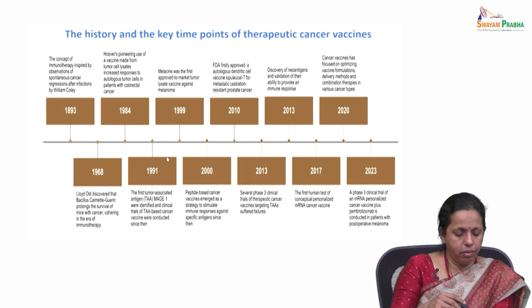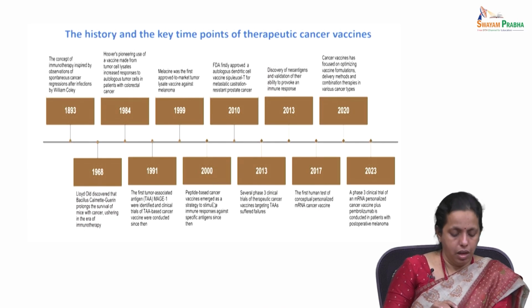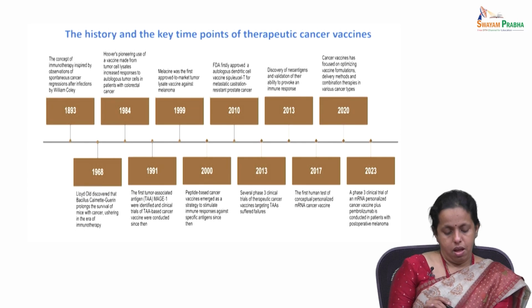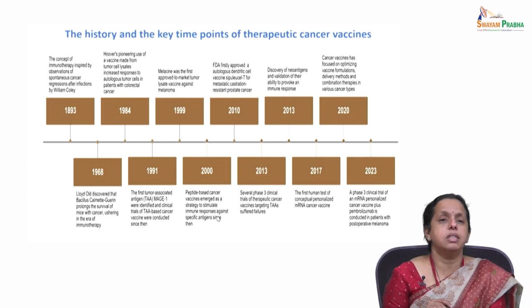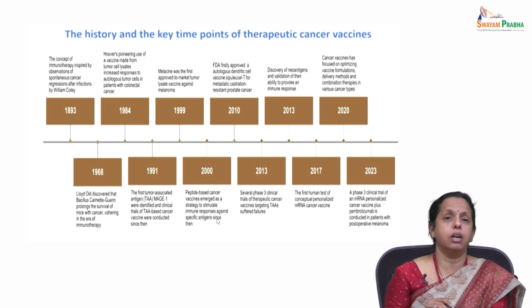Then the TAA, MAGE-1, was identified, and clinical trials of TAA-based vaccines were conducted since then. Then Melacine was the first approved, marketed tumor lysate vaccine against melanoma. And then you have the peptide-based vaccine in 2000, a very important breakthrough; these peptide vaccines served as a strategy to stimulate immune response against specific antigens.